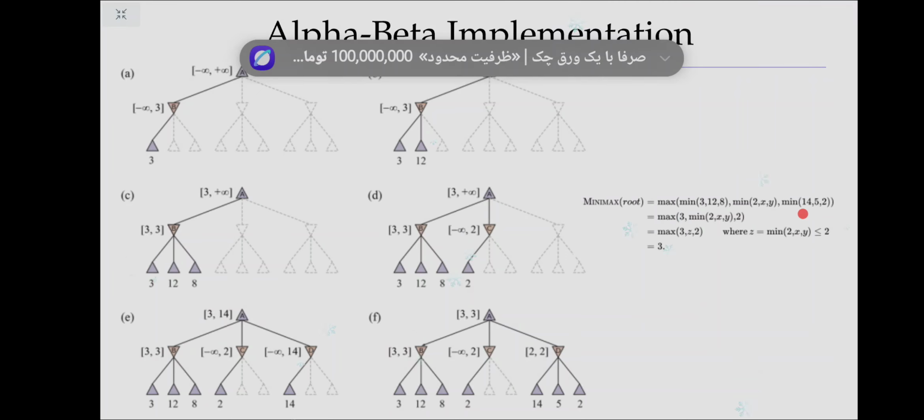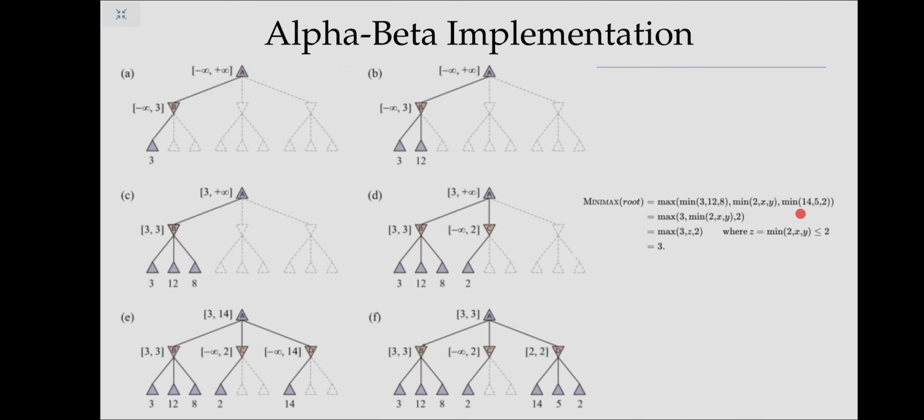Because of that, the pruning is not done, and we check all of the successors 14, 5, and 2. 2 is selected, but 2 is less than 3. Because of that, we consider the maximum over 3 and 2. 3 is better, and we stop with 3.